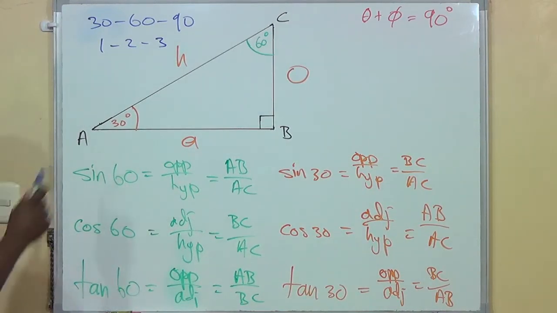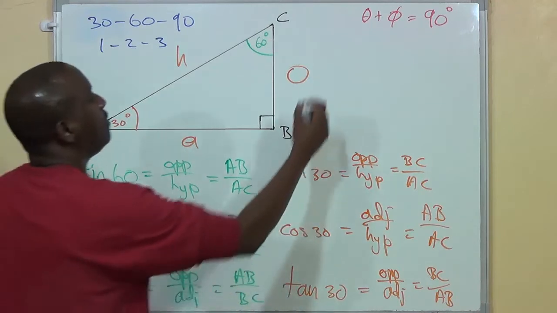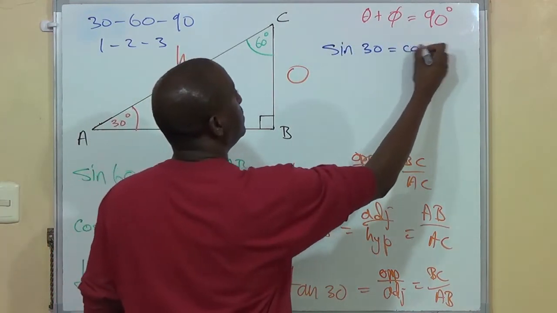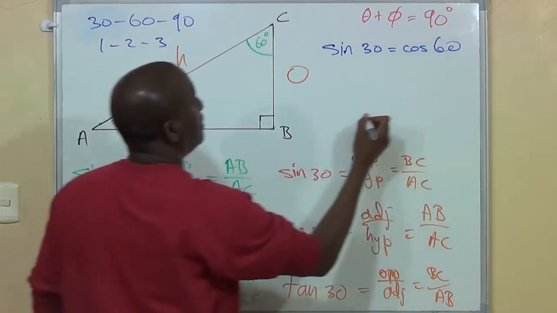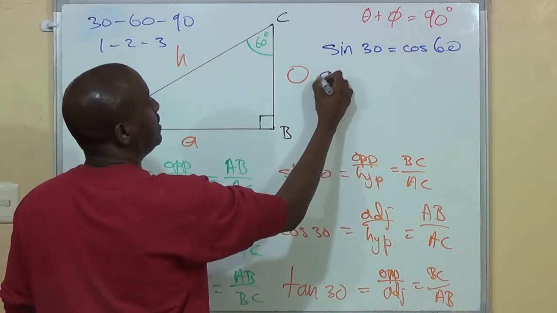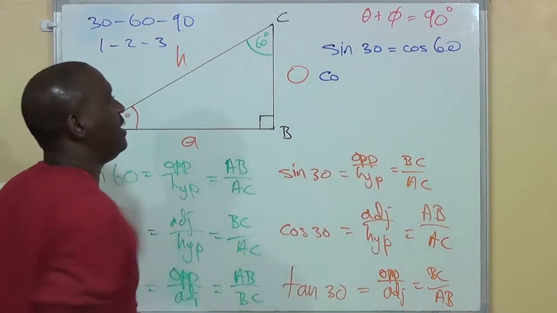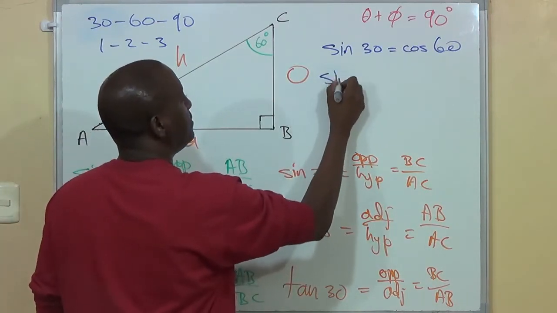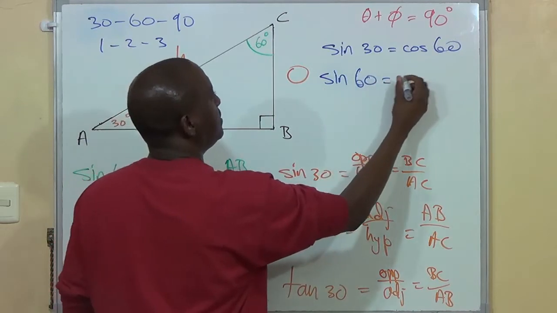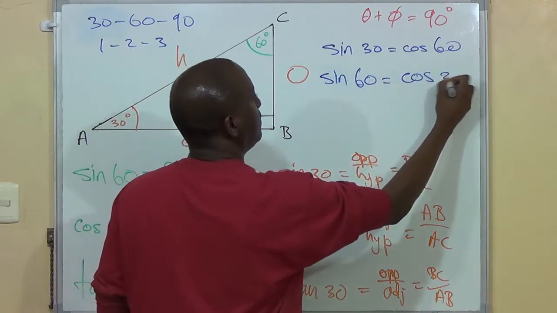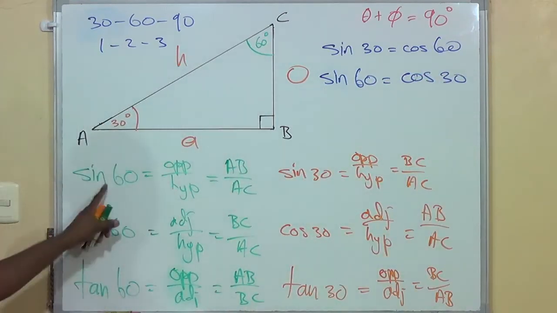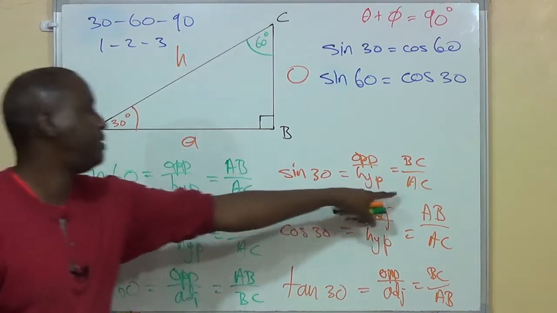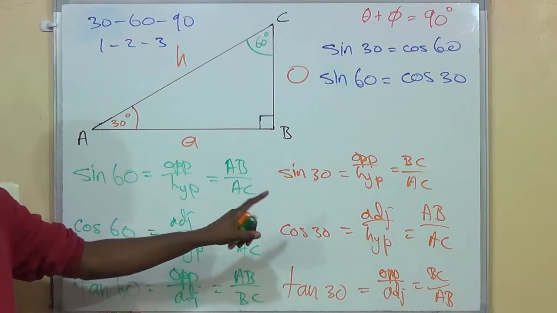So looking at this triangle, we see, therefore, that the sine of 30 is equal to the cosine of 60. We will also see that the sine of 60 is equal to the cosine of 30. Sine 60, cosine 30, sine 30, cosine 60.